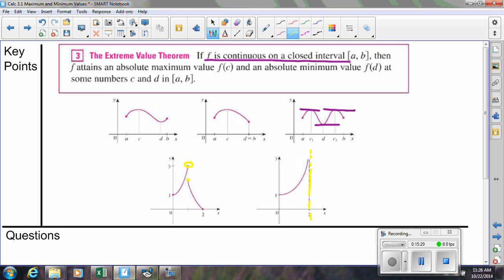Can you have an absolute maximum on this one? We've got a vertical asymptote going upward toward infinity, so we don't actually include the endpoint. Likewise, over at the 0, we have another open circle. So you can get smaller and smaller, but you do not actually reach a bottomed-out minimum value because the endpoints are not there.